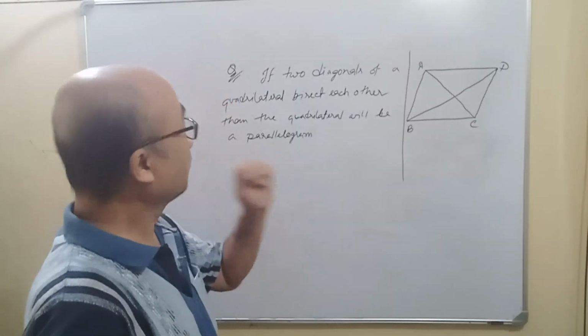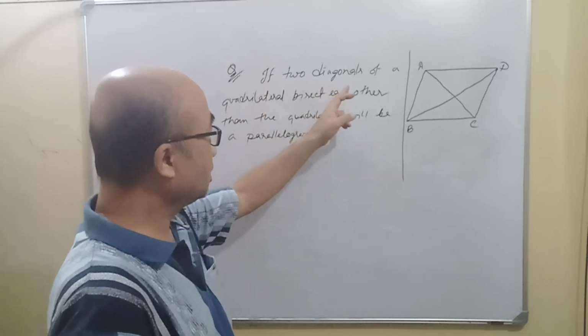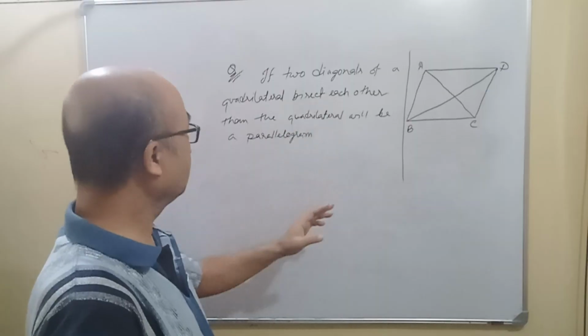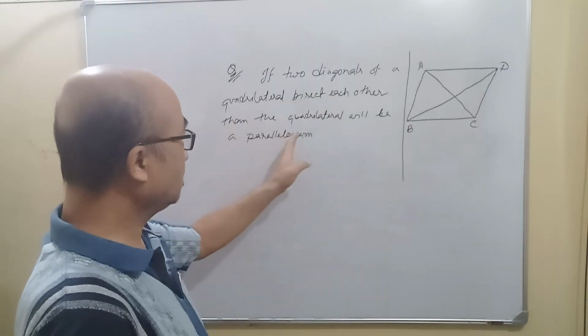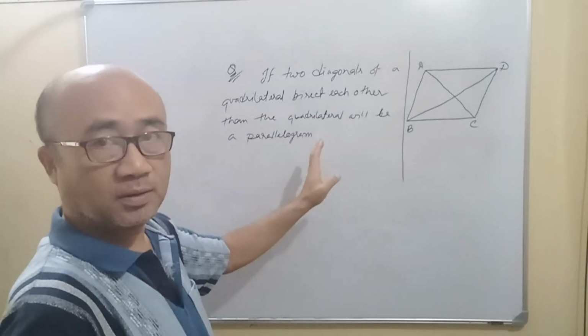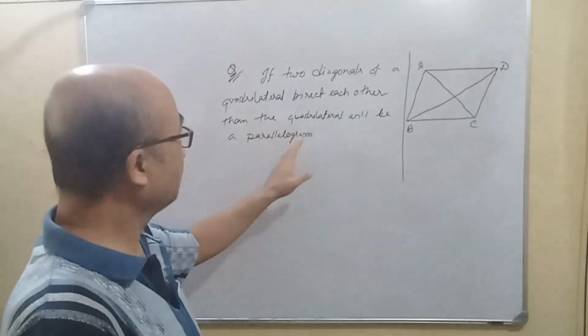So this is the problem. If two diagonals of a quadrilateral bisect each other, then the quadrilateral will be a parallelogram. This is the theorem.